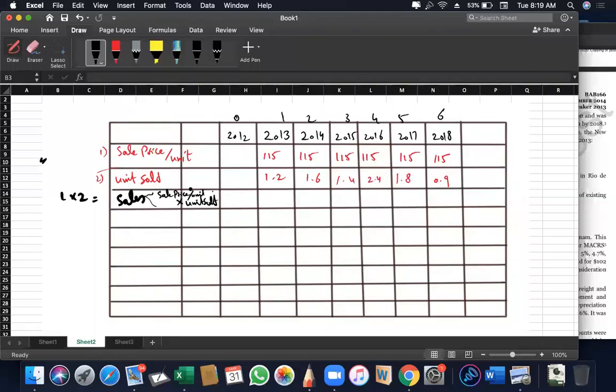So we have to multiply sale price per unit with units sold to get the sales of each year. So it means we have two rows. We have to multiply these two rows with each other to get the sales. So tell me the values, use your calculators and show me.